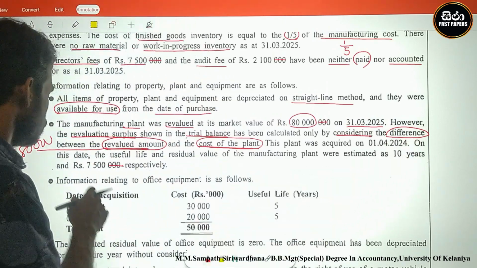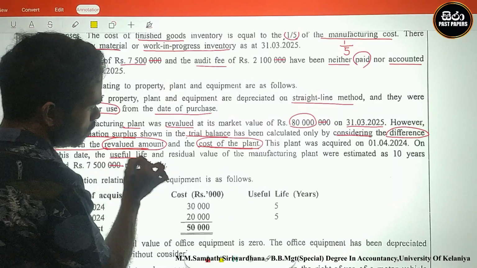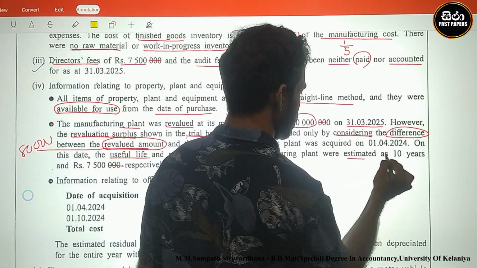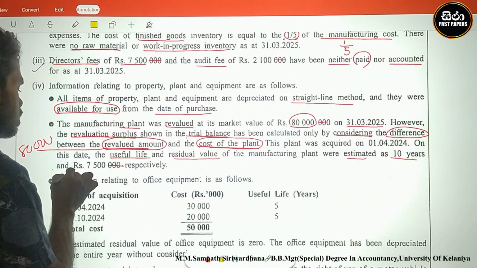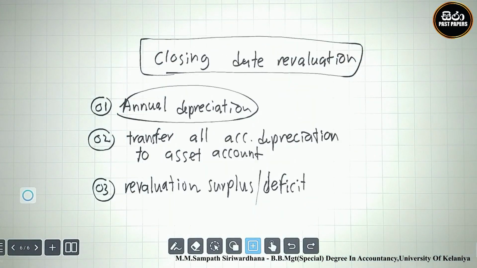On this acquisition date, the useful lifetime and residual value of the manufacturing plant were estimated at 10 years and 7,500. How can we calculate annual depreciation?